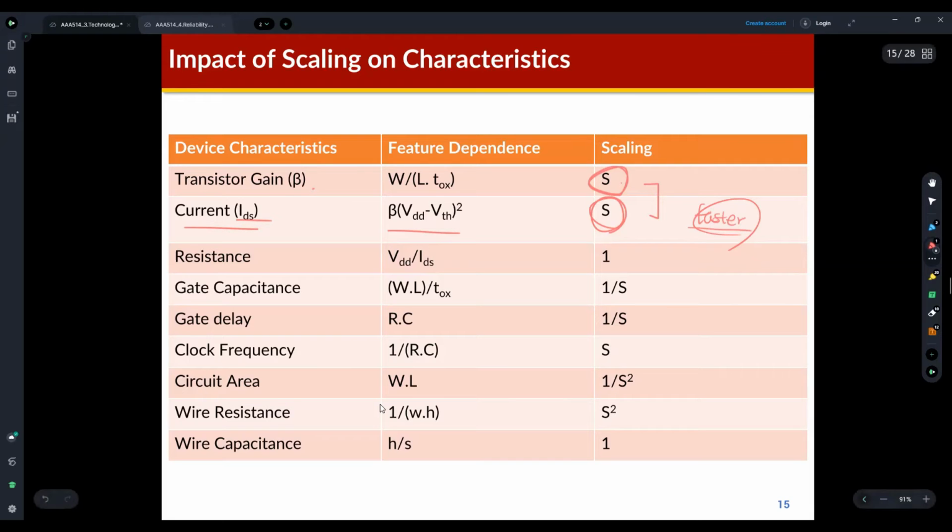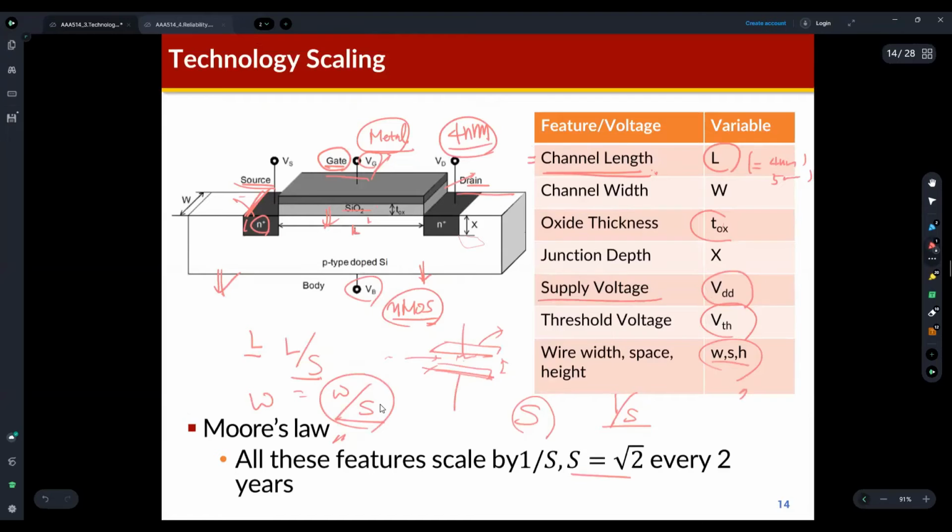And then actually the resistance is 1 because this is a supply voltage.